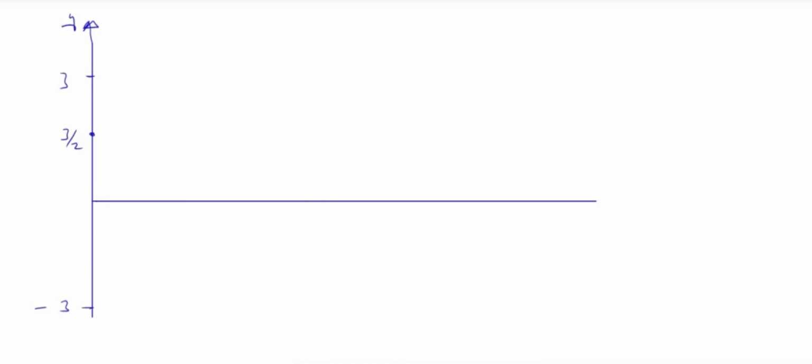And our x-intercept was pi over 12. So the x-intercepts, and the values of x at the amplitude. I'm just going to use dots. That one was pi over 3.